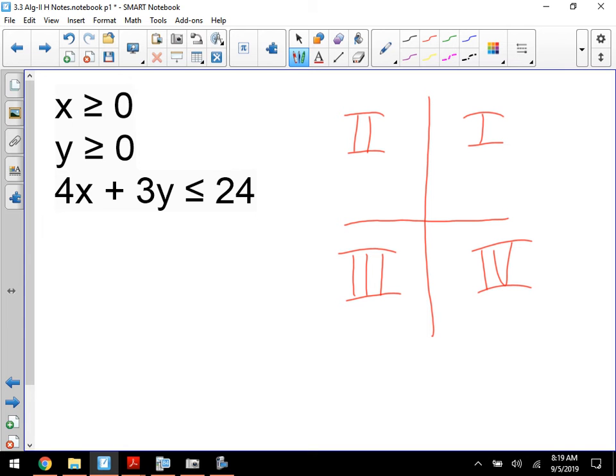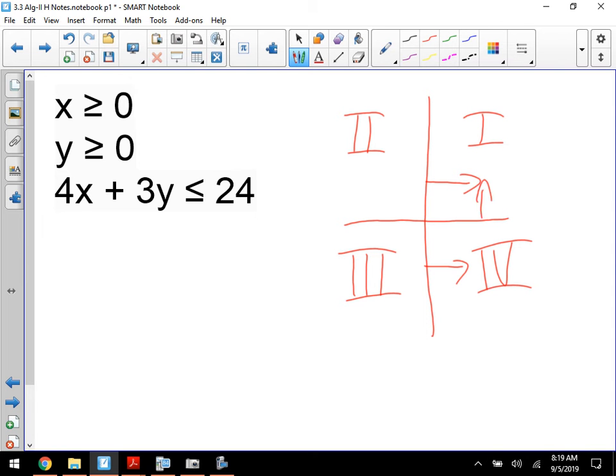In what quadrants is x positive? Because that's basically what this is saying. 1 and 4. Okay? X is positive in 1 and 4. Where's y positive? 1 and 2.